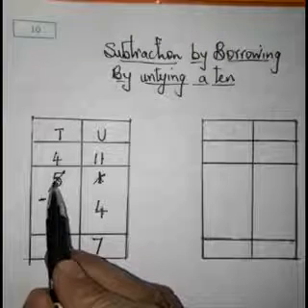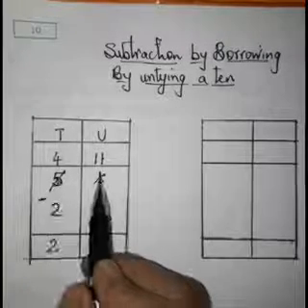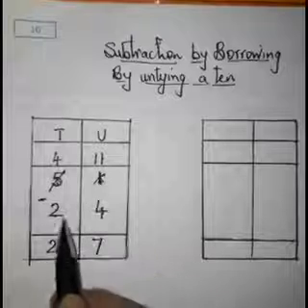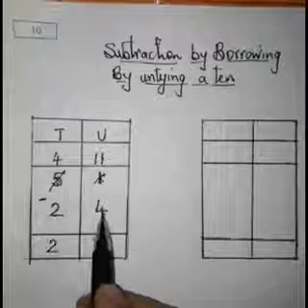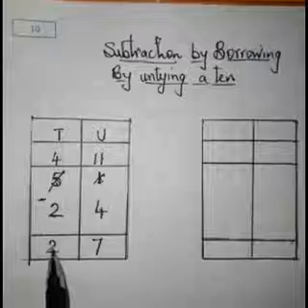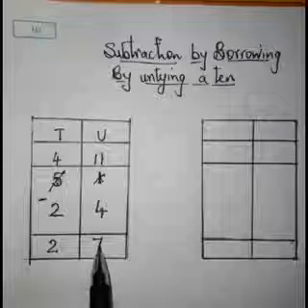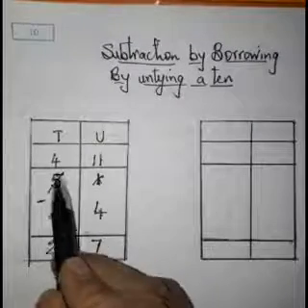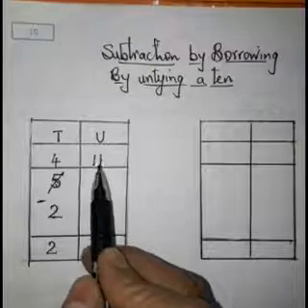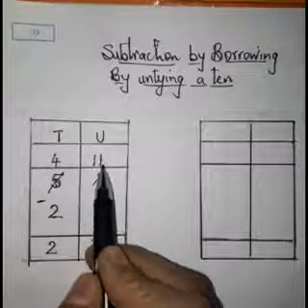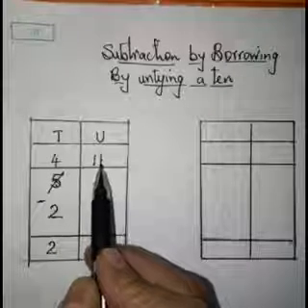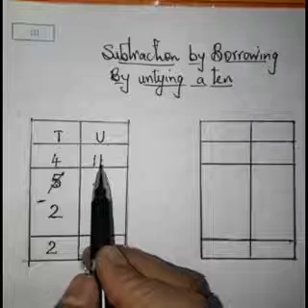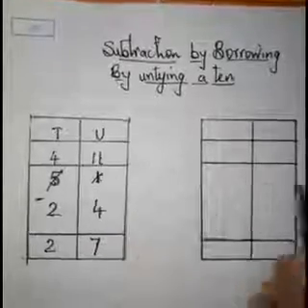So from rupees 51, when I pay the shopkeeper 24, I am left with 27 rupees. So when you take 1 tens from here, place it into unit, it gets converted into units. Next sum.